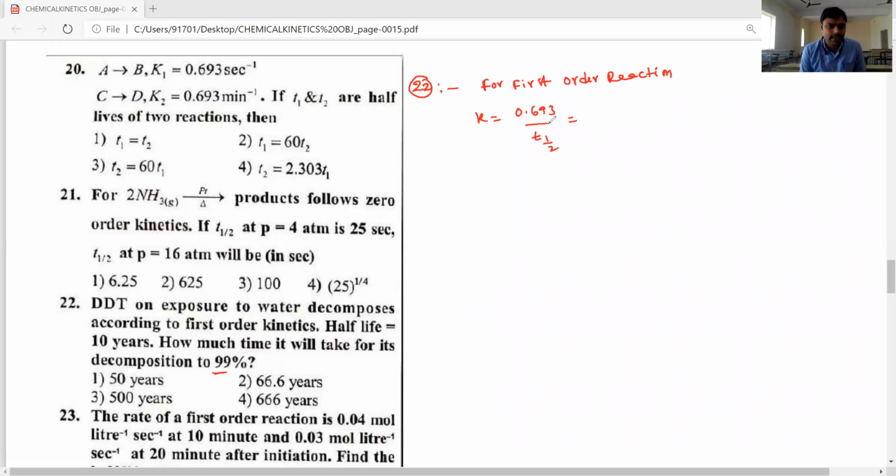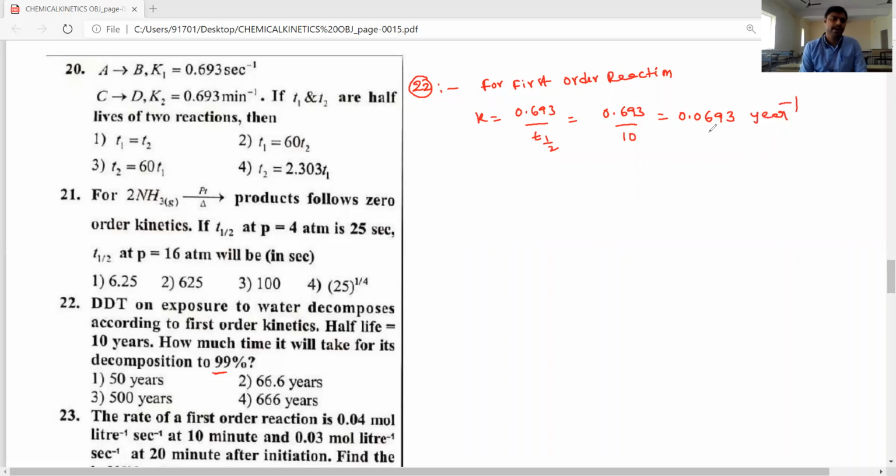The half-life period they already gave as 10 years, so it is 0.693 by 10, which is equal to 0.0693 per year.